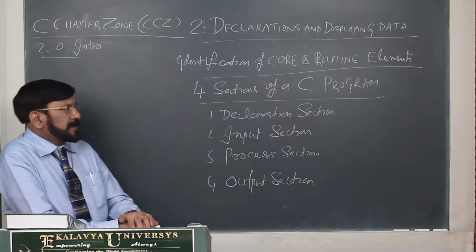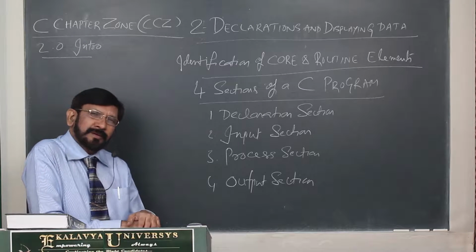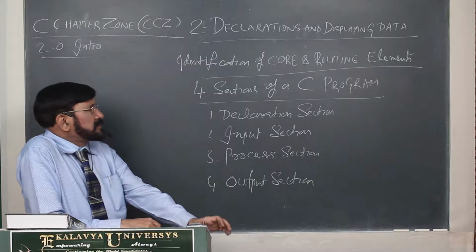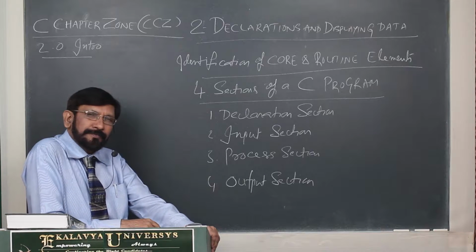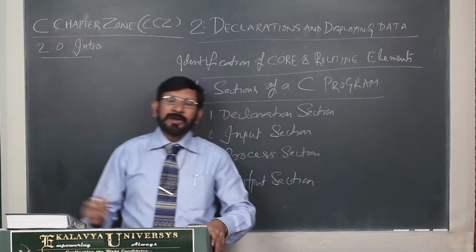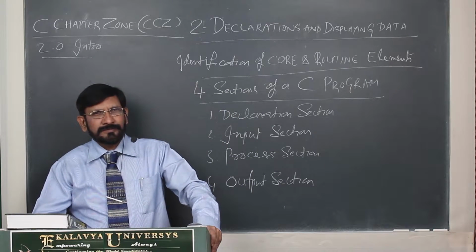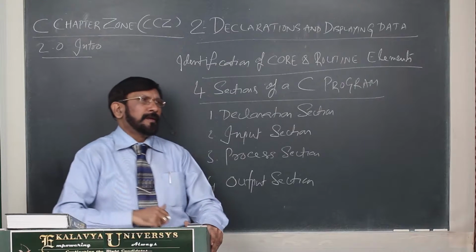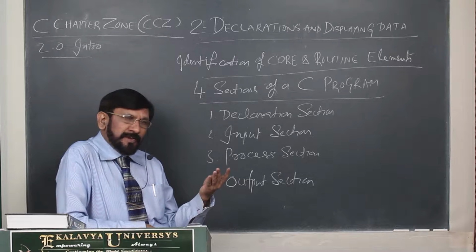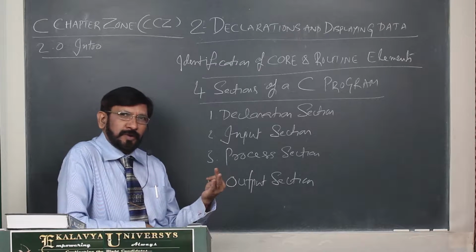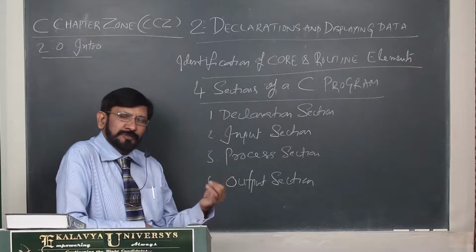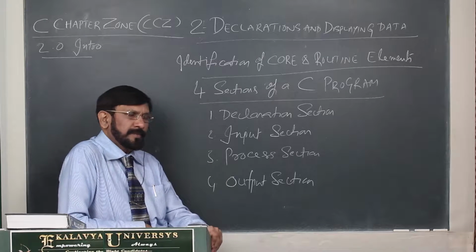Today we are taking up the second chapter in C chapter zone CCZ. This is declarations and displaying data. In the first chapter we learned certain concepts, namely programming basics, the basic structure of a C program, compilation and execution procedure of a C program.